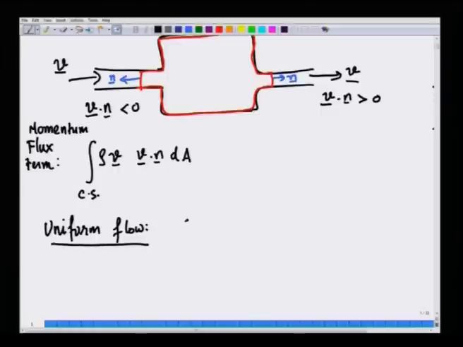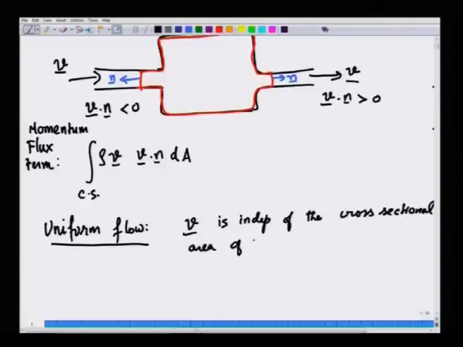If the flow is uniform, then v is independent of the cross sectional area of the control surface, which implies that the velocity is a constant.